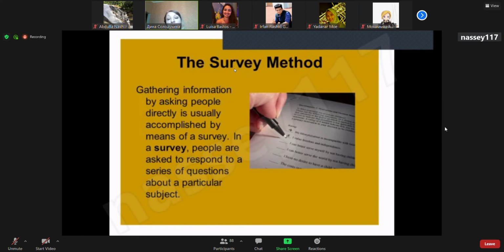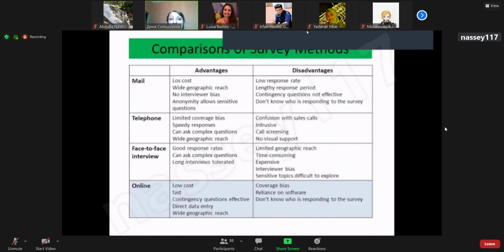For example, people don't have to report to the doctor some details of behavior, or they don't report their attitudes or their practices. And then we have to ask special questions which are designed for surveys. Surveys can be administered by mail, by telephone, online, or face-to-face.